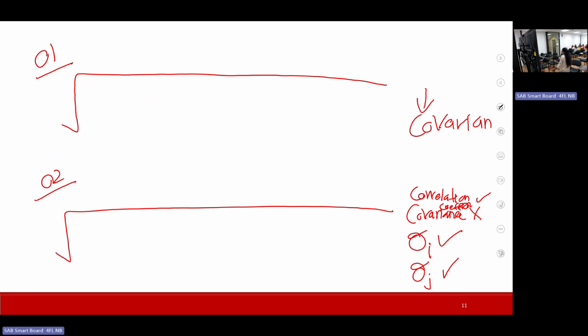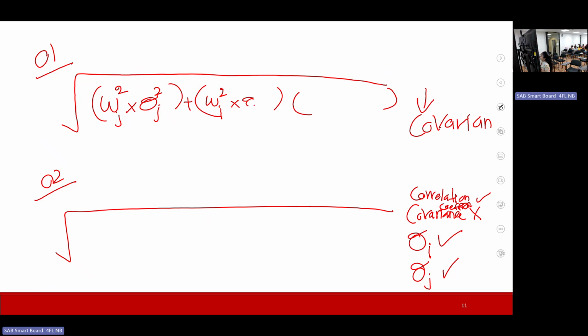In the second scenario, we don't know the covariance, so the way of calculating the portfolio risk is: weight on the first asset multiplied by the variance of the first asset, plus weight on the second asset multiplied by the variance of the second asset, plus we have two shares, accordingly two weights, and then we apply covariance.